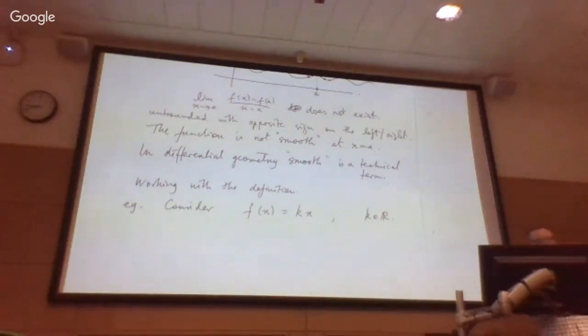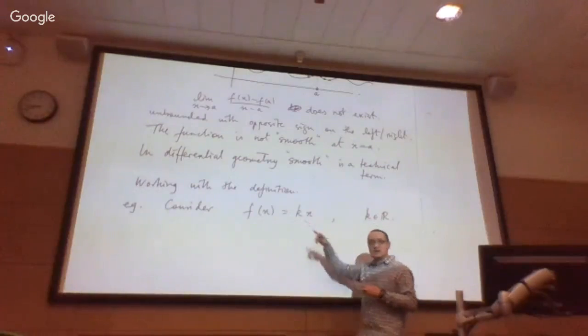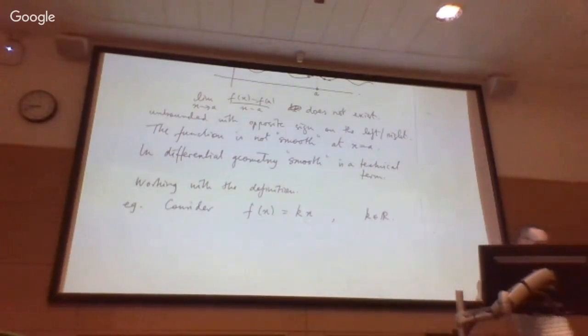A pretty simple function. The graph of this function is just a straight line, with gradient k. Y equals mx plus c, it's going through the origin. K is the coefficient on x, so k we understand is the gradient.